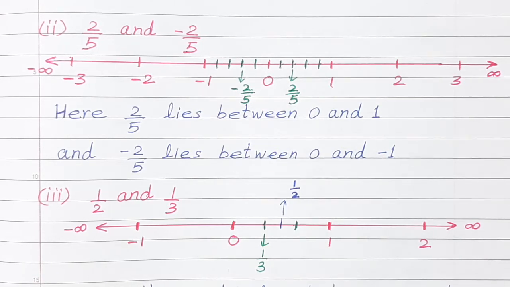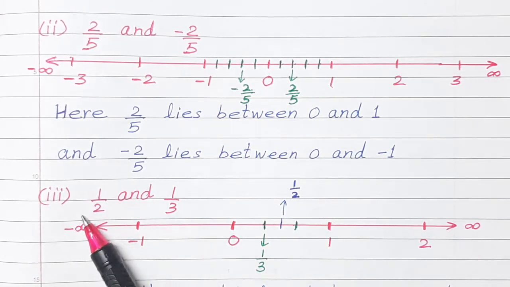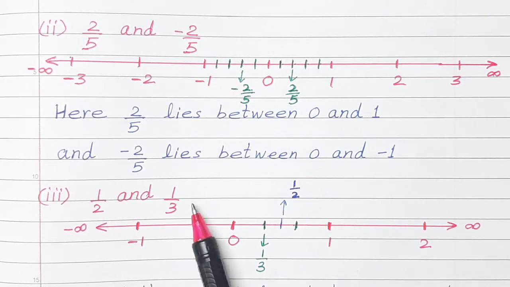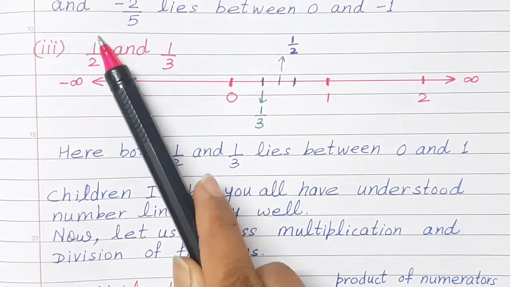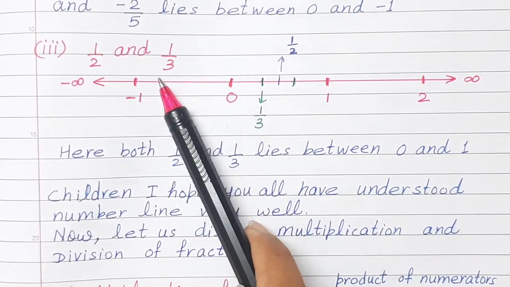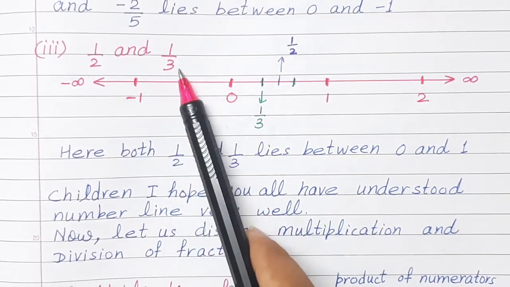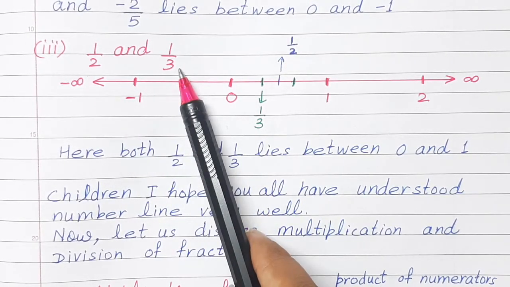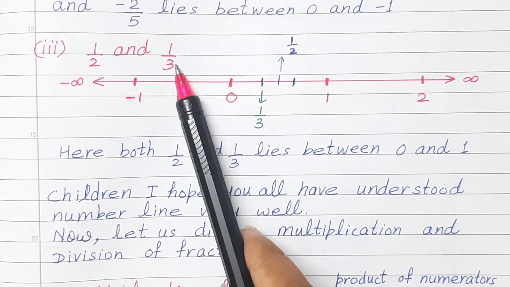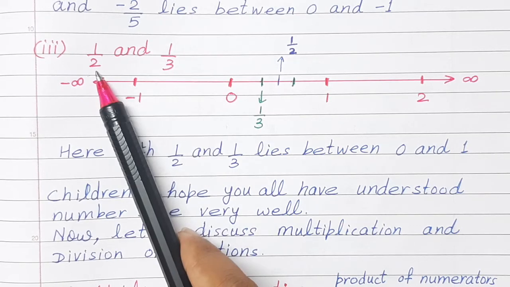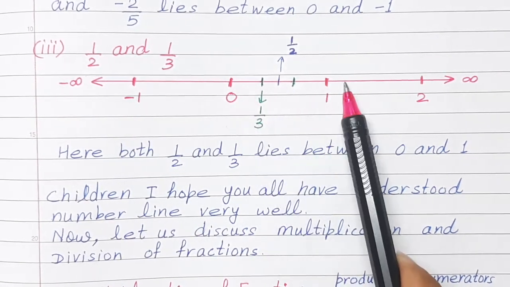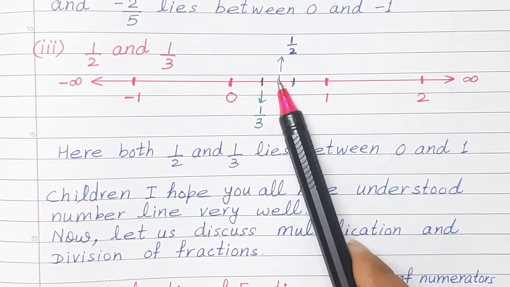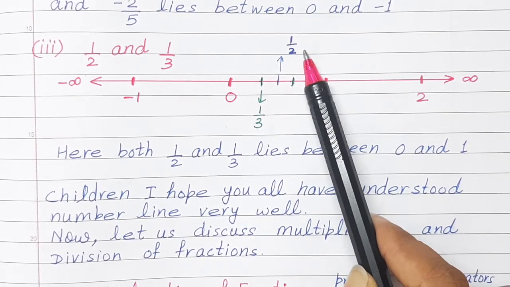Now let us discuss one more part, that is 1 by 2 and 1 by 3. Now children, 1 upon 2 and 1 upon 3, you can see that both are proper fractions, right? So both will lie between 0 and 1. Now half, that is 1 by 2, is the midpoint of 0 to 1. So we just take the midpoint and that is 1 by 2.